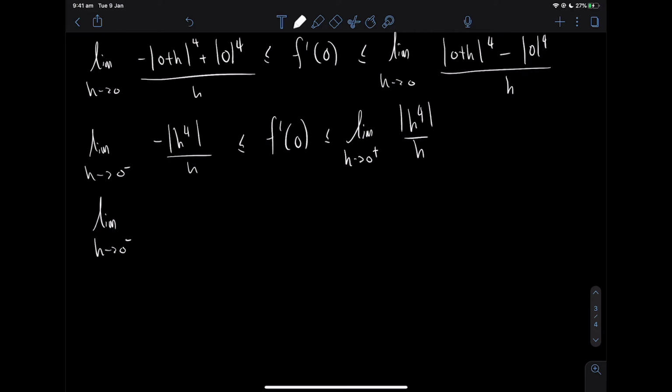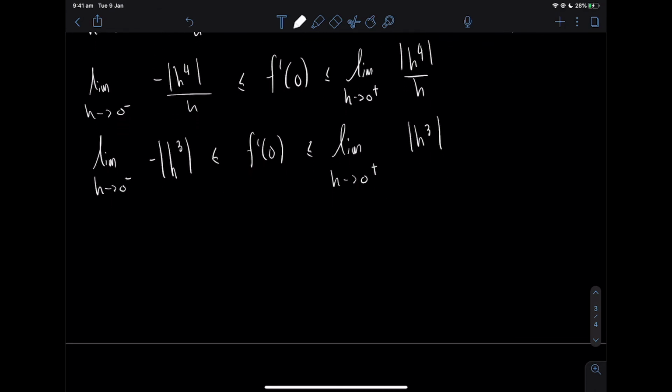And this becomes h to the 3, still maintaining the absolute value signs. Cool. And now, subbing in our 0, we get minus 0 to the 3 is less than or equal to f dash of 0, less than or equal to 0 to the 3.